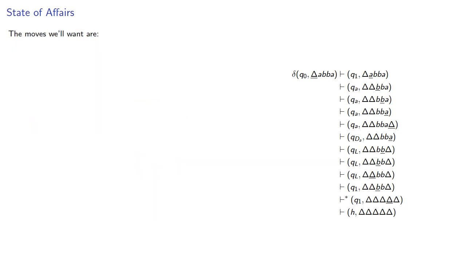So the moves we want, from our initial state Q0 and initial symbol blank, we want to switch into state Q1, ready to read the next symbol. We'll reprint the blank, but we'll move right. And so this prepares us to read the initial symbol.